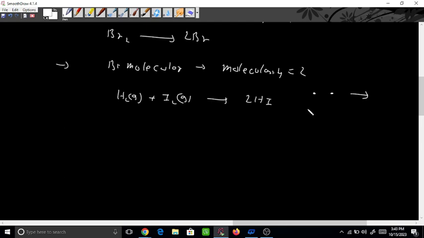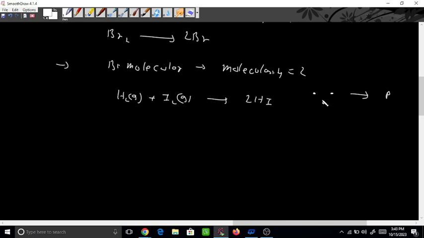So what is happening here? These molecules are colliding and then forming product. What is the possibility that these two molecules can collide? There is a huge possibility that they can collide. Now if I add one more molecule, these three should collide, but what is the possibility that these three molecules will collide at the same time?